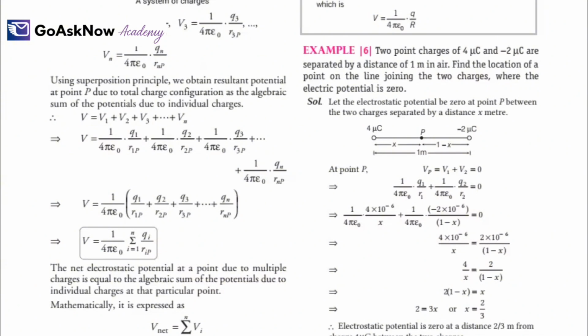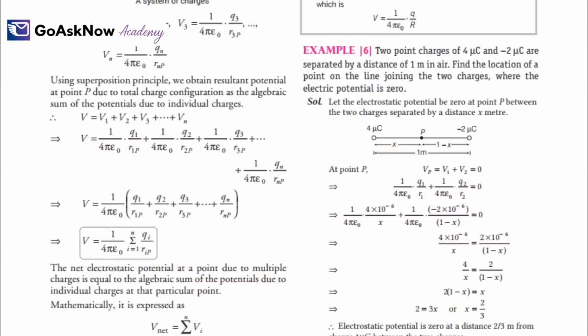Find the location of a point on the line joining the two charges where the electric potential is 0. So we have to look for any point P which is at such a distance from these charges that the net electric potential is 0. Let the electrostatic potential be 0 at point P, that is what we have assumed there, at a distance small x.